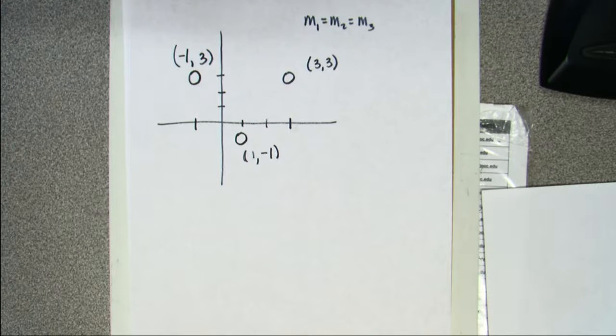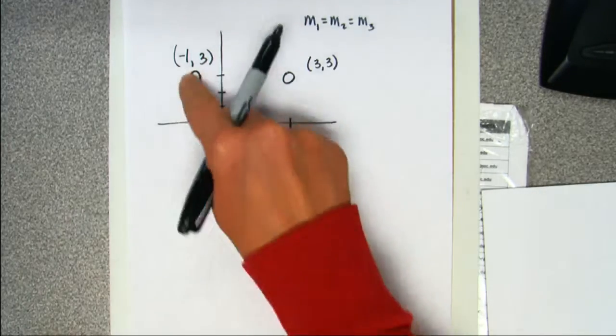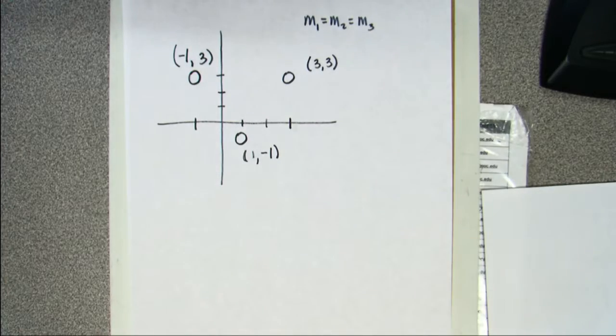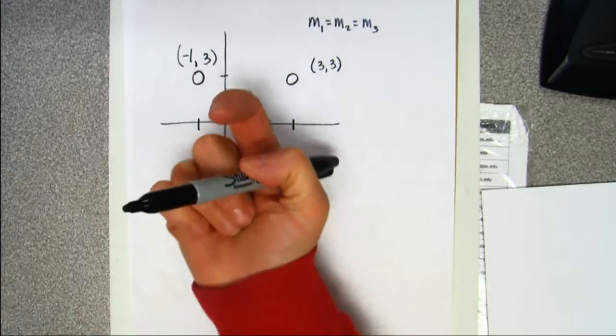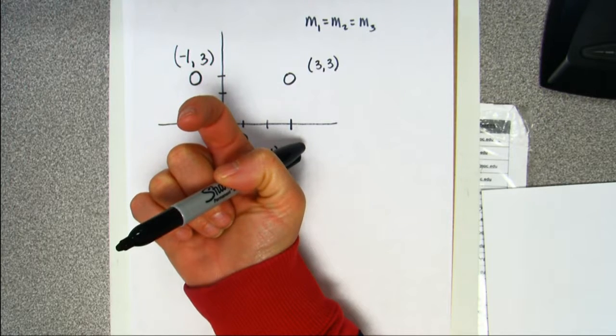Now, intuitively, if I'm trying to balance this, where do you think, and these are 3 things that are sitting on a tabletop, let's put them on a fictitious glass plate that has no mass. And I want to put my finger under that glass plate such that this thing is perfectly balanced.